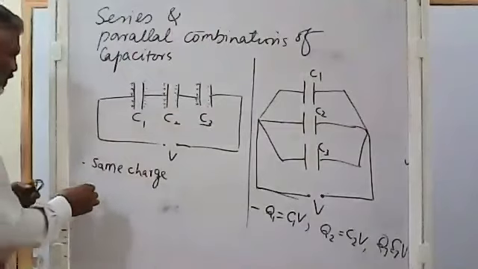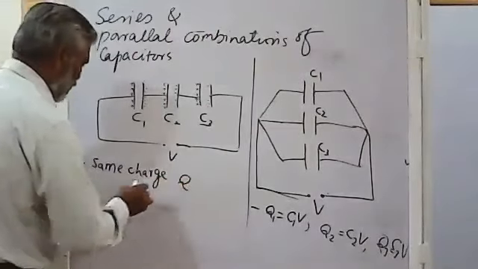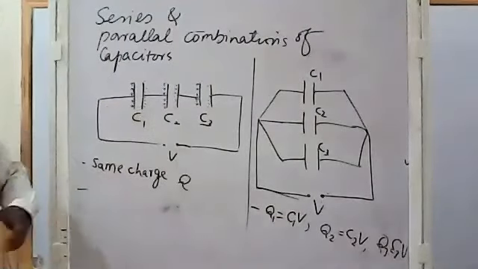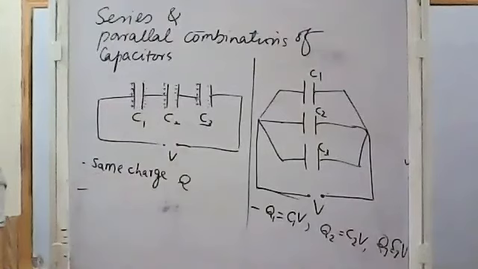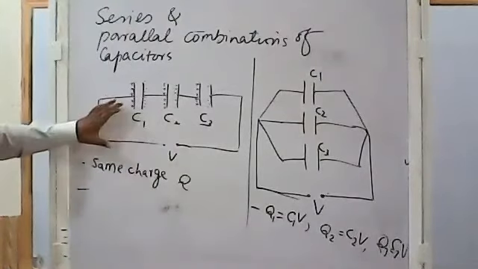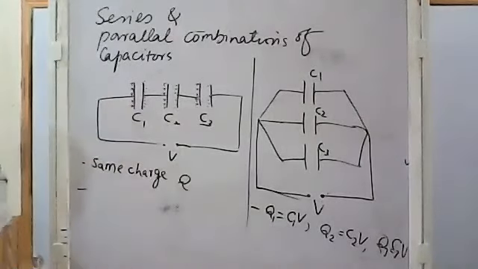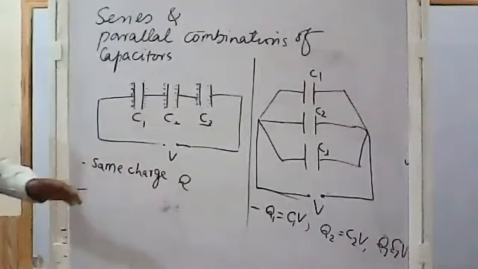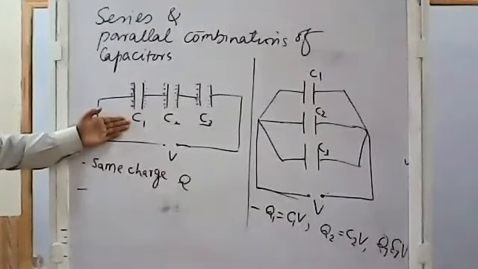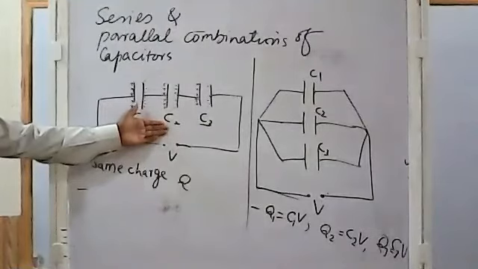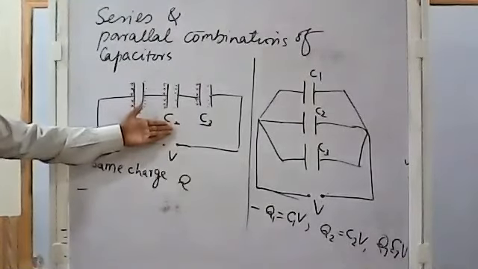Number two, this is same charge Q. However, we have different voltage drops across them. This will have a value of voltage drop across this depending upon its own value of capacitance. This will have its own potential drop depending upon this value of capacitance.